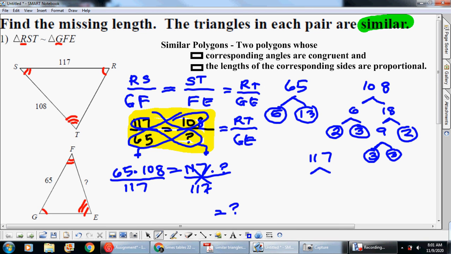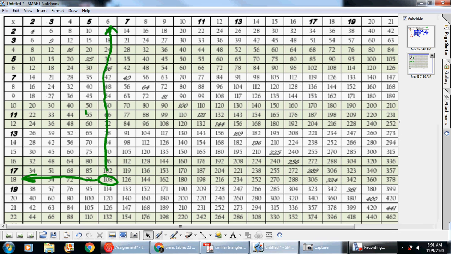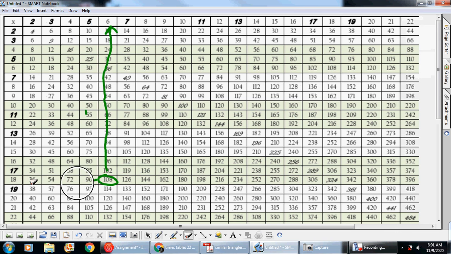Now factors of 117, use your table. Look for 117 somewhere in your table. Now let me look for 117, 110, 108, not here. Here it is.